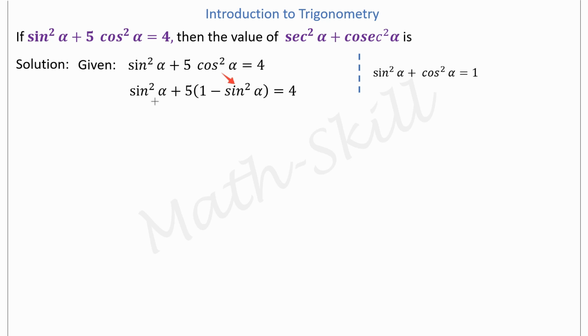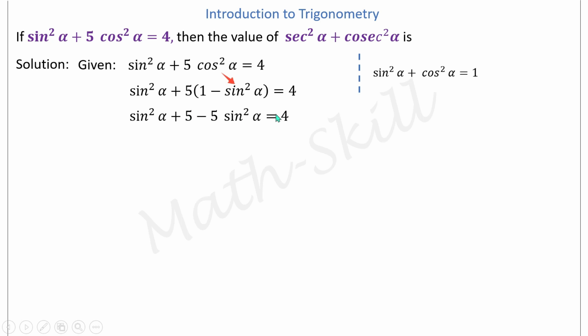Now let us open the bracket. sin²α + 5 into 1 is 5, minus 5 into sin²α is minus 5 times sin²α, is equal to 4. Upon simplification, let us take 4 towards LHS.